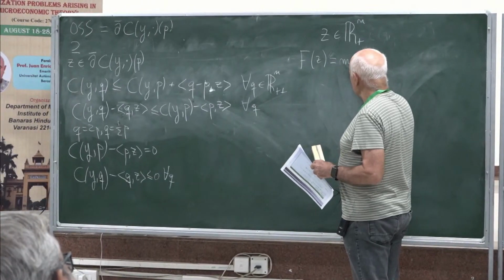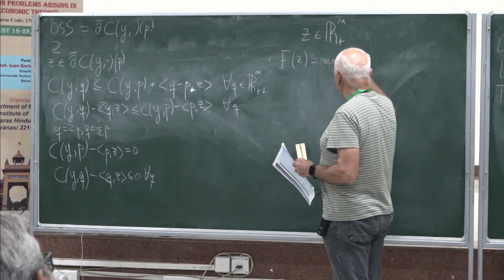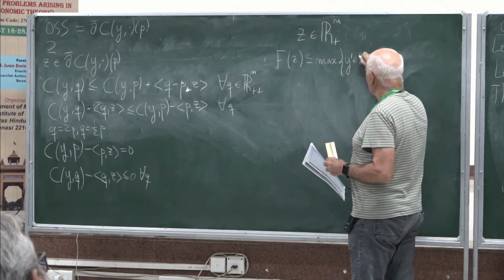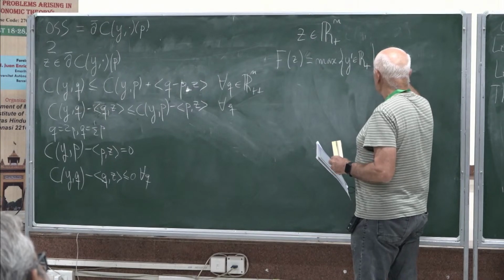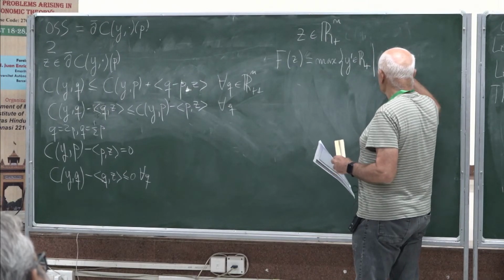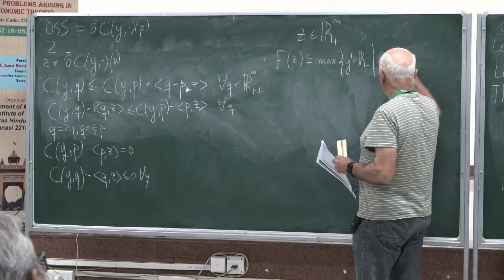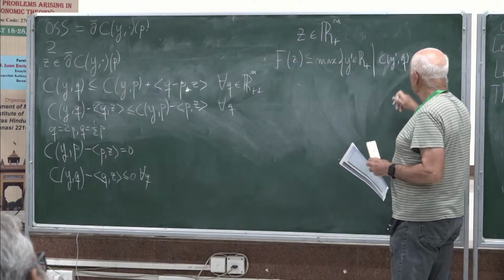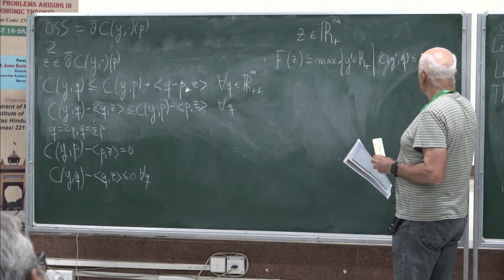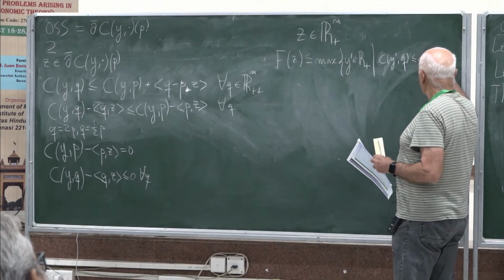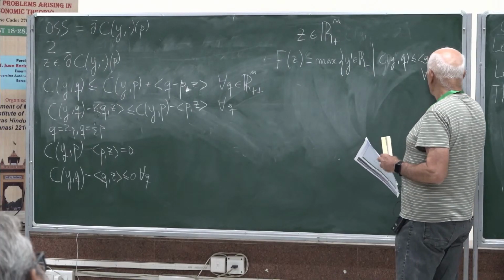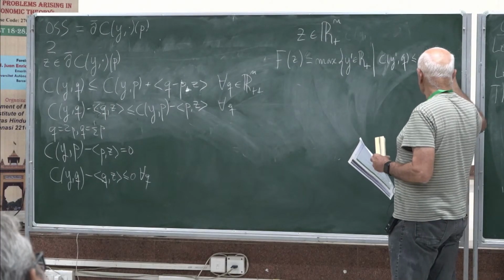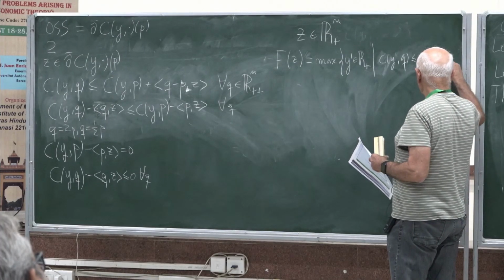So this is the maximum of y' in R_+, because y is already used, such that C(y', q), q because p is already used, is less than or equal to q·z for every q in R_{++}^n.